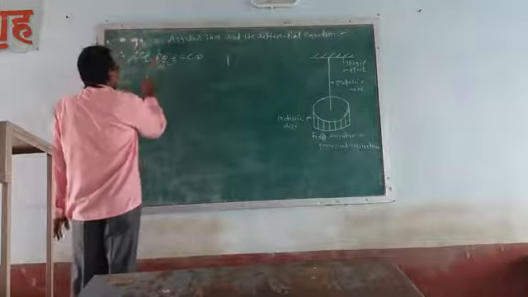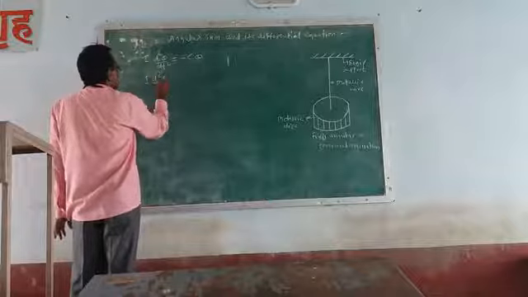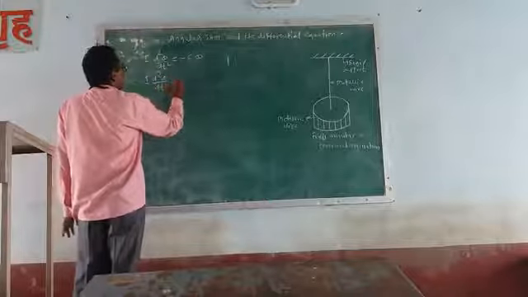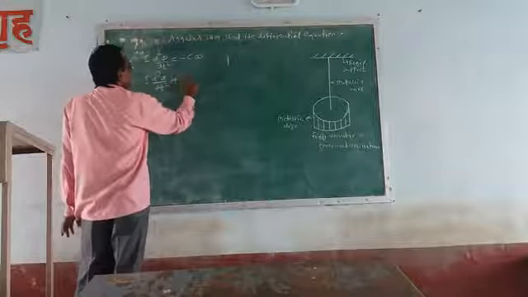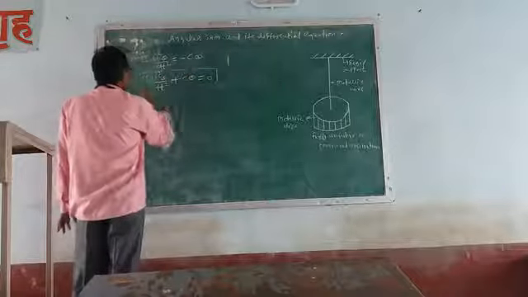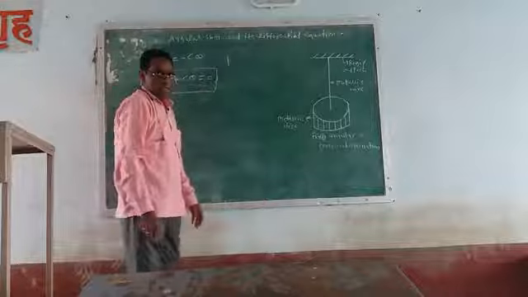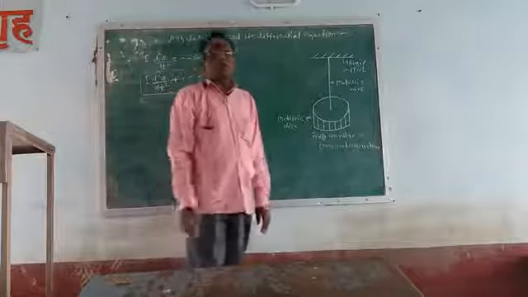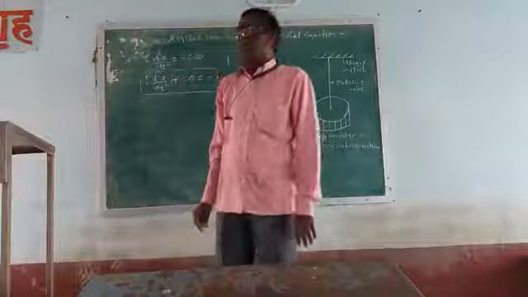Taking minus c theta to the left side, I into d square theta divided by dt square plus c theta is equal to 0. This is the differential equation of angular SHM.